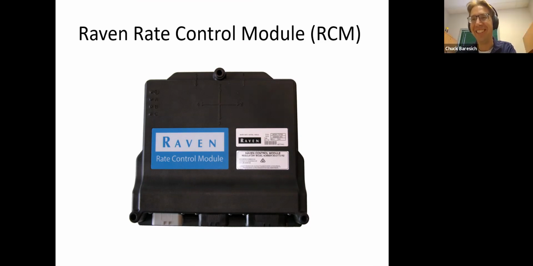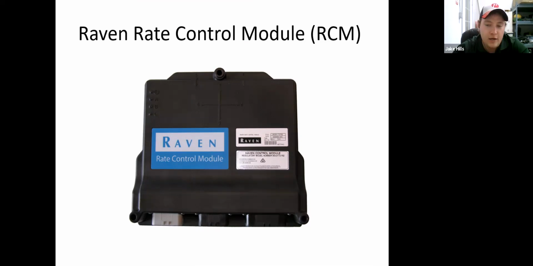Come on. The rate control module, known as the RCM, is a precision application and a multi-product controller. It allows for many different options when it comes to what it controls, what it can do, what you show on the screen. And it can do up to 5 products at a time, depending on the unlocks that you have.